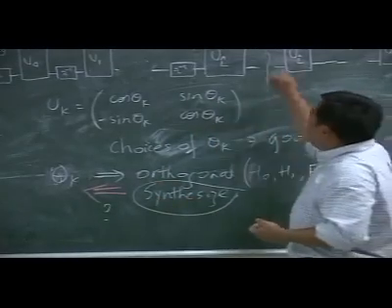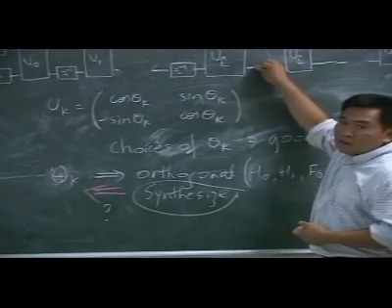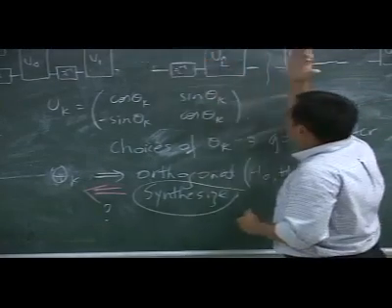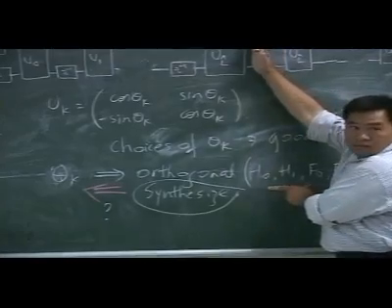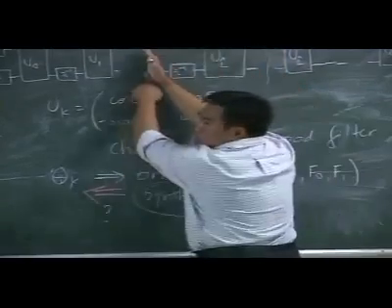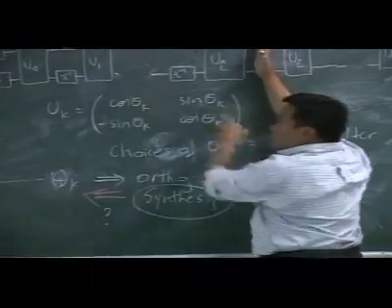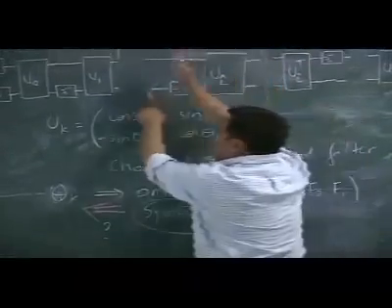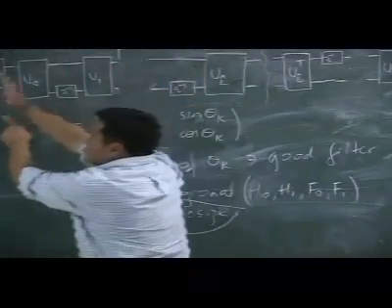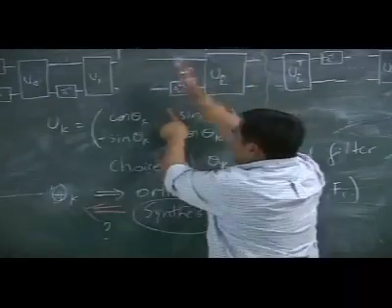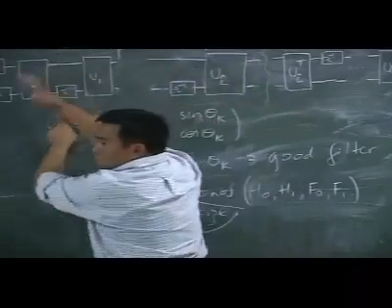Meaning that we start with the filter here, and we're going backward. So we start with a set of filters, we're going backward, synthesizing this block. If this is order 4, we go through here, order 2, and then we complete. If this is order 6, we go to 4, 2, and we're done. And so on.